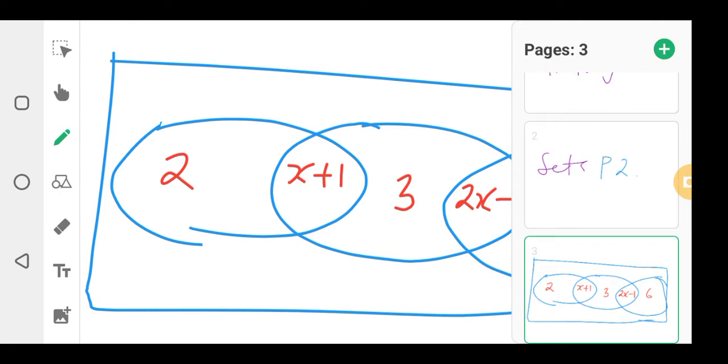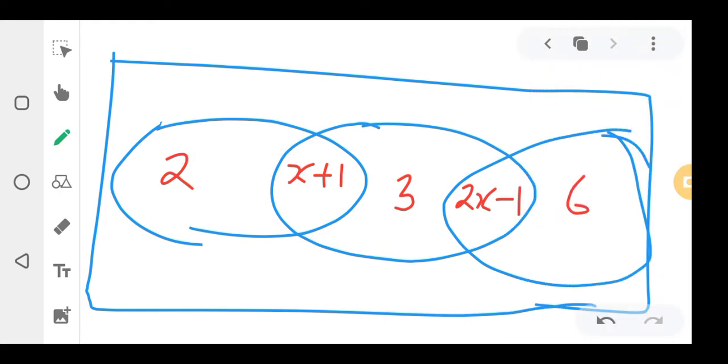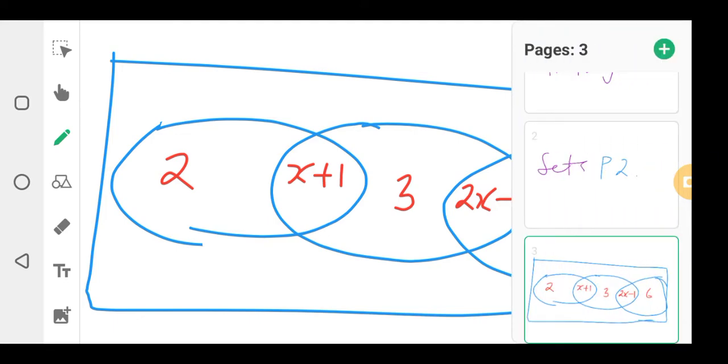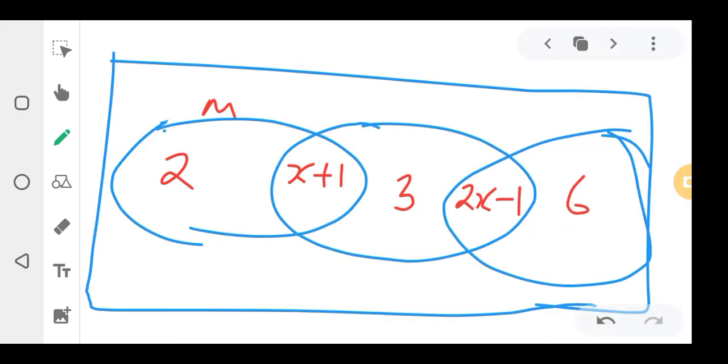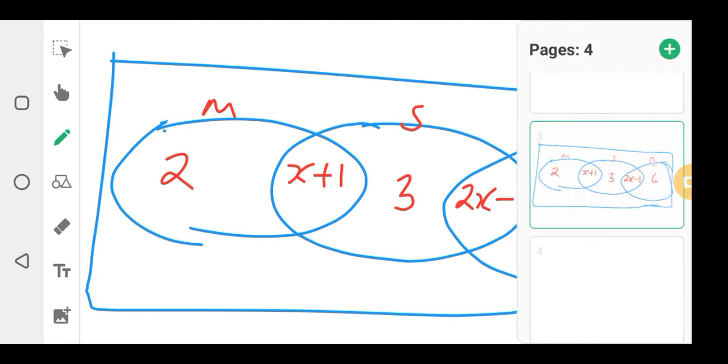They can ask you, say this is mathematics, science, biology, for example. I'm just trying to make you understand principles so that you pass your exams.